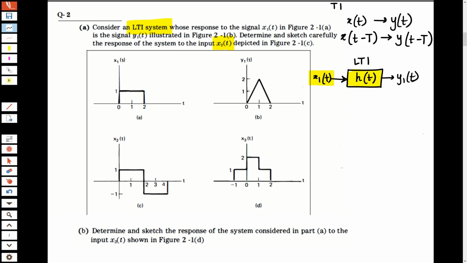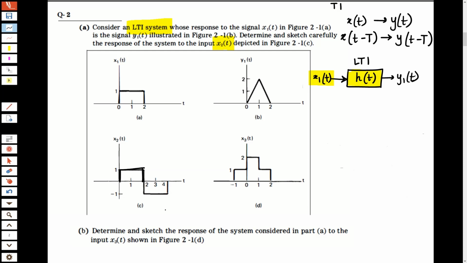Okay. In such a case, because you know the system is LTI, you try and write this second signal for whom you need to find output in terms of the signal which you already know. So if I look at x2t, x2t looks like x1t as it is, right?